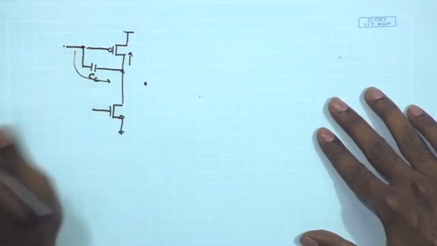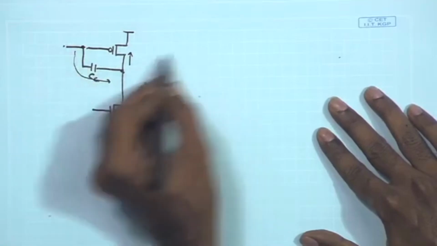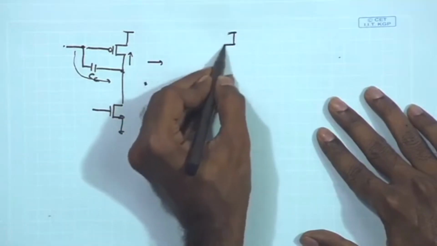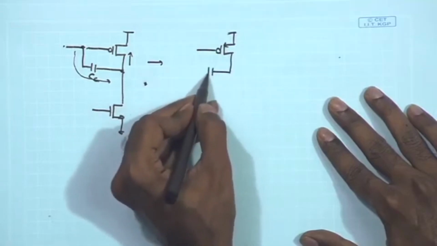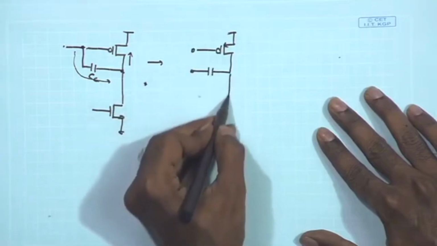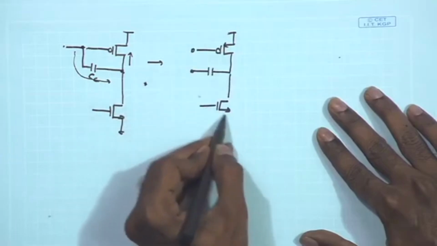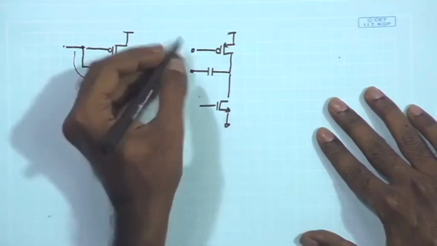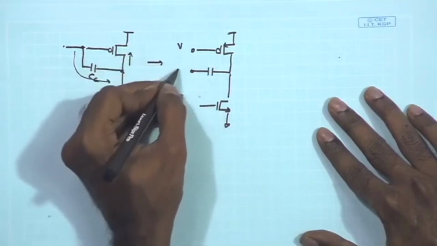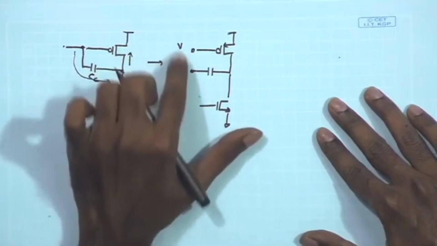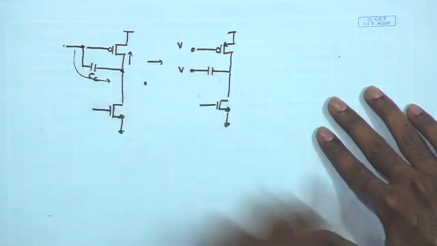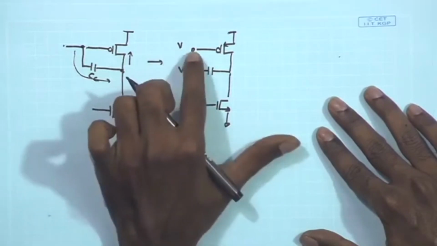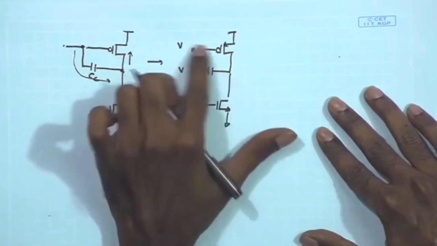If I isolate these two and assume these are two independent signals being applied at the input of the second stage, although they are the same signal, but I am just disconnecting them and assuming that they are two different signals. From the input of the PMOS we have one path.